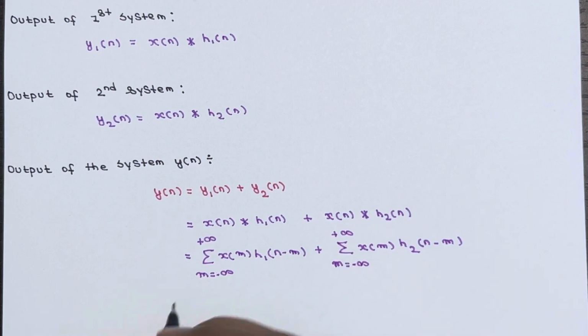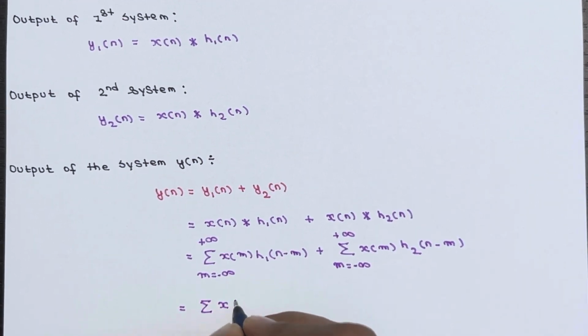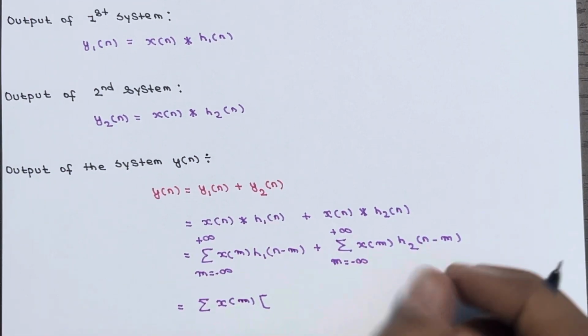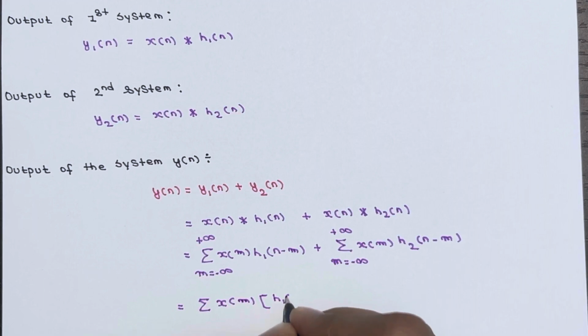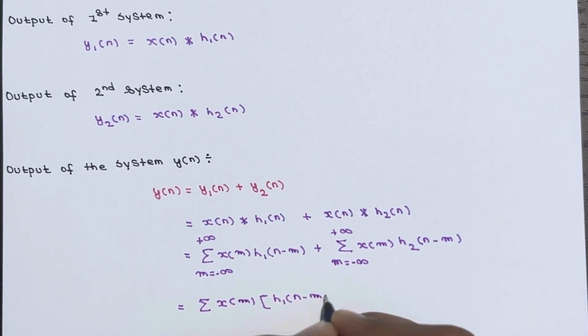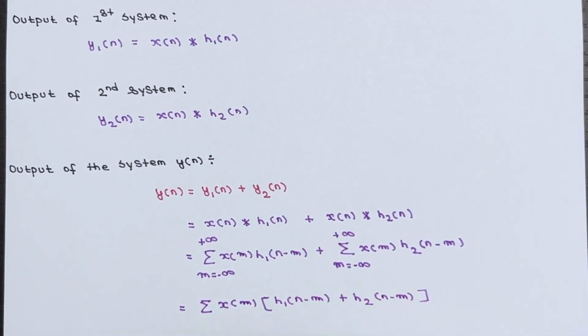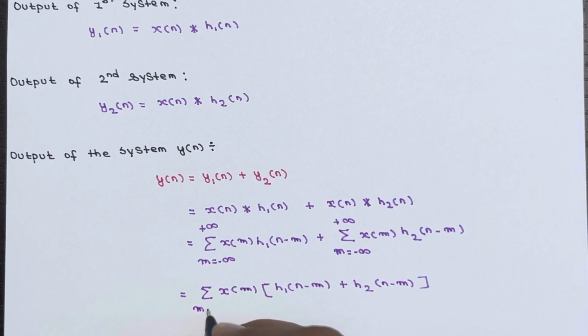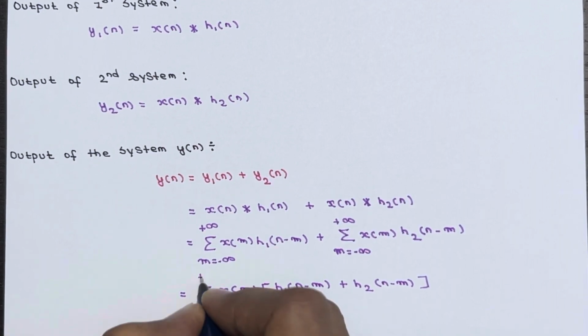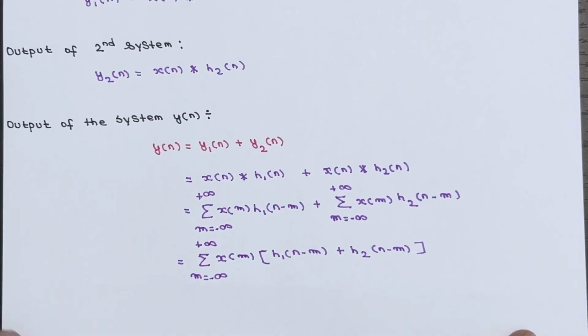From here we can write the summation of x of m times h1 of n minus m plus h2 of n minus m, with m from minus infinity to plus infinity.